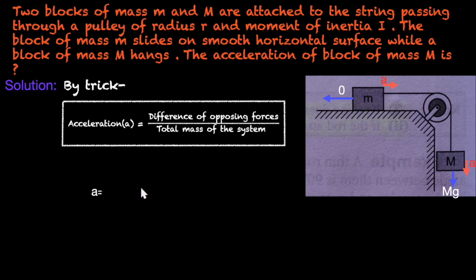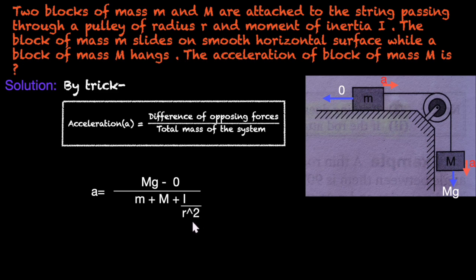So what is the acceleration a? The acceleration simply becomes mg minus 0, because there are no opposing forces acting on the block of mass small m, divided by the total mass of the system. The total mass of the system is small m plus capital M plus I by R squared.